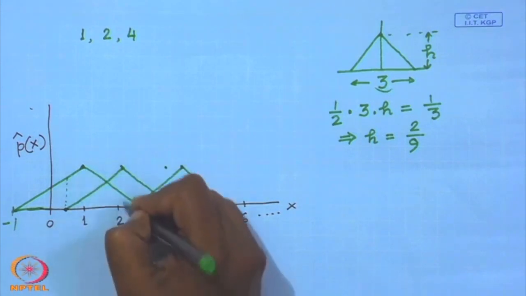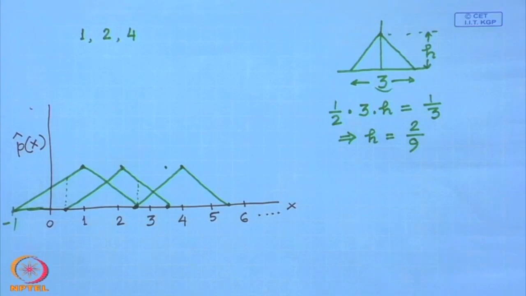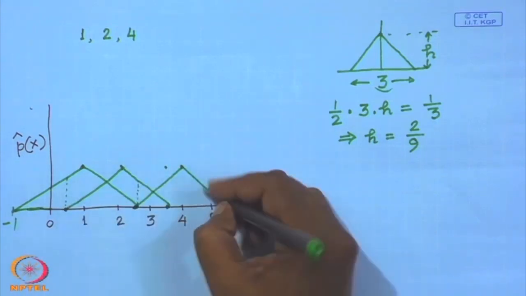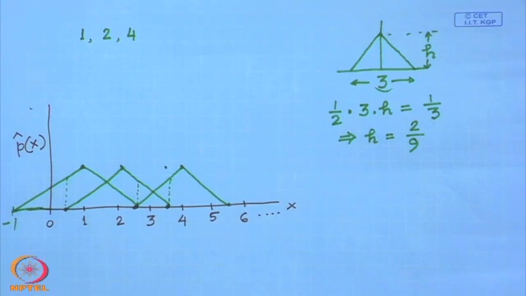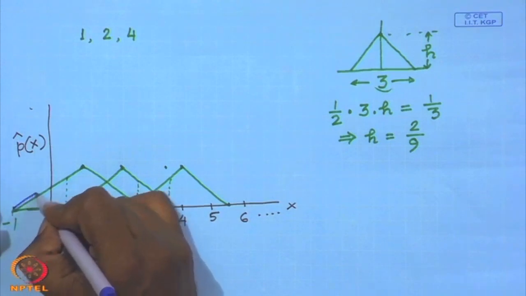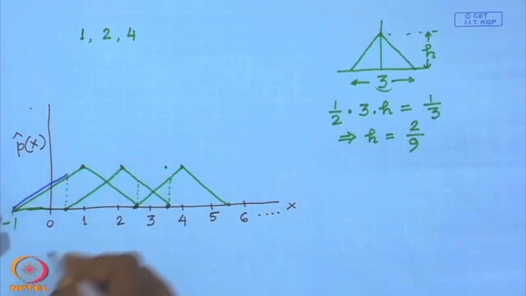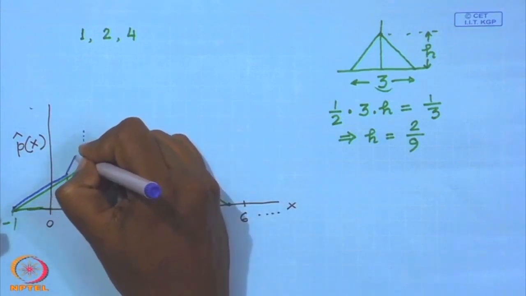From here to here, I have superposition of two windows, and then again up to this point, I have superposition of two windows. So, the probability density estimate will be something like this. From here to here, it is a single window, then up to this point it will be like this.